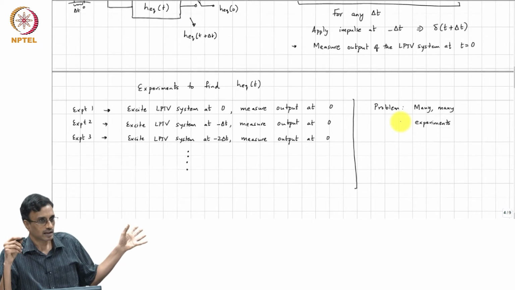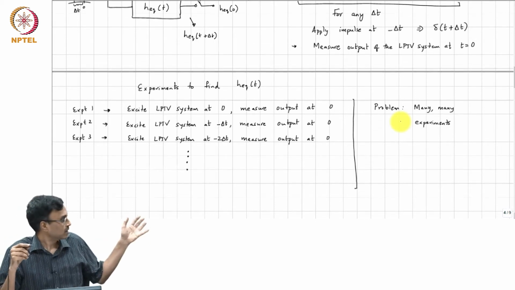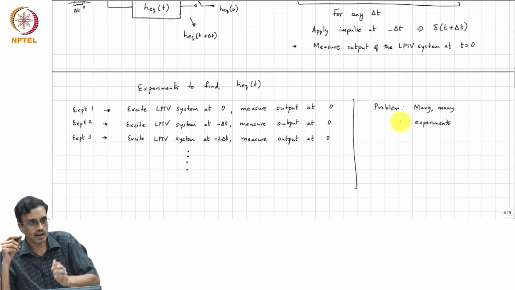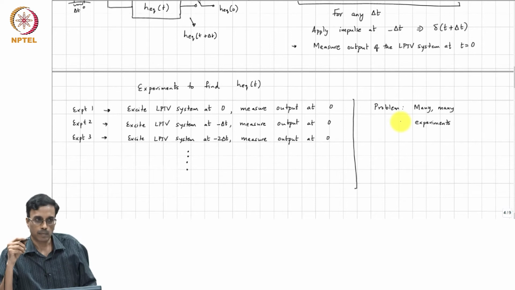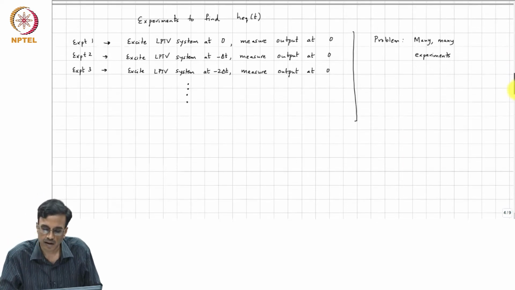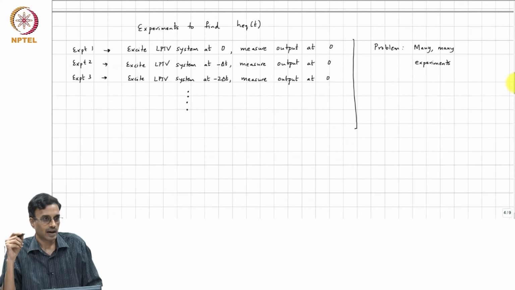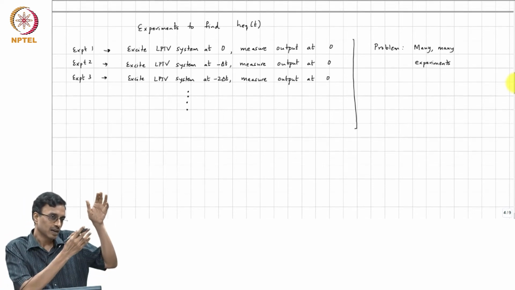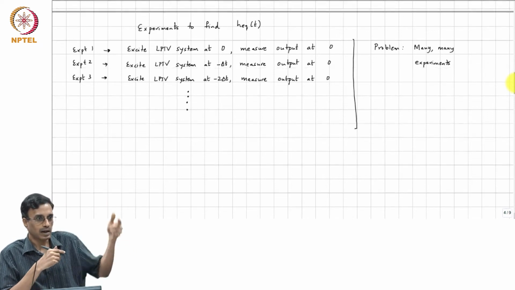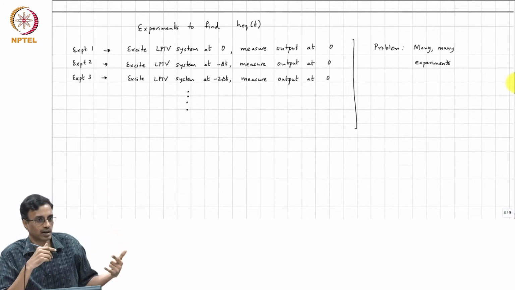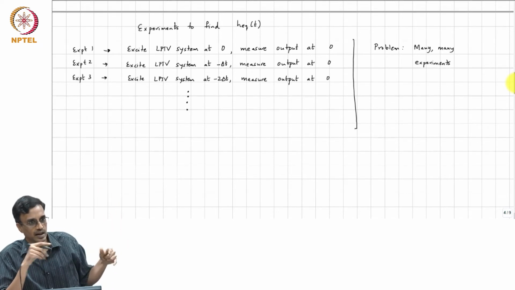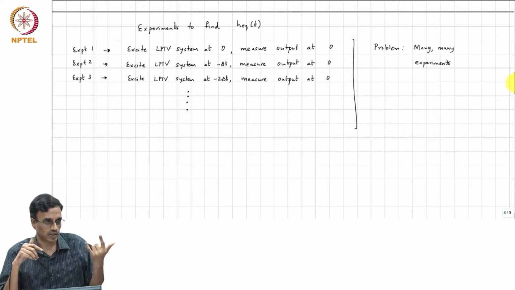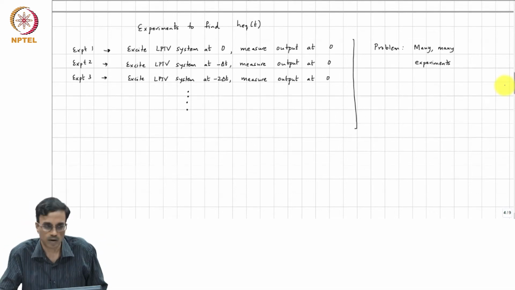In all the cases the exciting input is being changed, but the output is always being measured at the same time, 0. So this should ring a bell, and now we should be able to exploit reciprocity. Whenever you do an experiment with multiple inputs and you have the same output, it always makes sense to exploit reciprocity, and that is what we are going to do next.